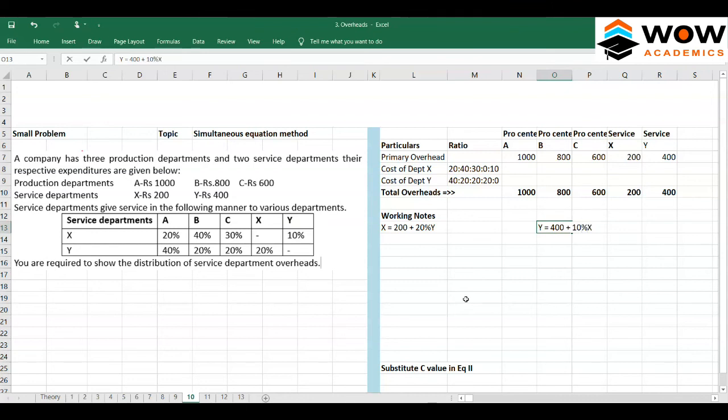Okay, so we got two numbers here. We will have to simplify it. If we simplify, this will become 0.2 and this will become 0.1. Okay, so now we can start to work.